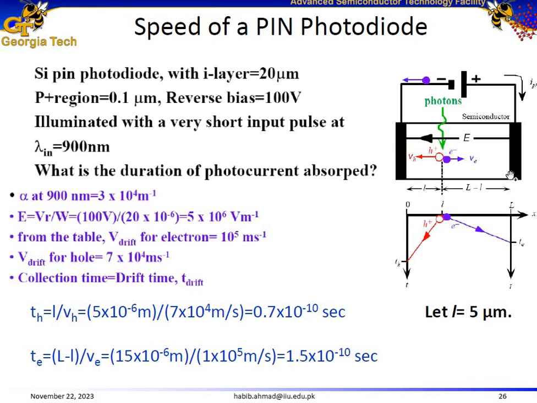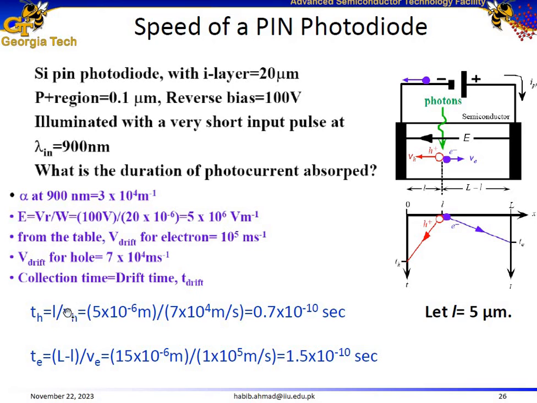So this entire width is 20 micrometers. It means that the distance traveled by the electron from its point of generation to the right electrode is 20 minus 5, which is equal to 15 micrometers. So the hole has to travel 5 micrometers towards the left, and the electron has to travel 15 micrometers towards the right. How do we calculate its transit time?